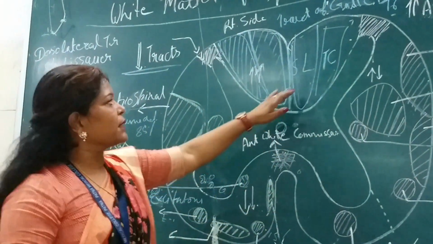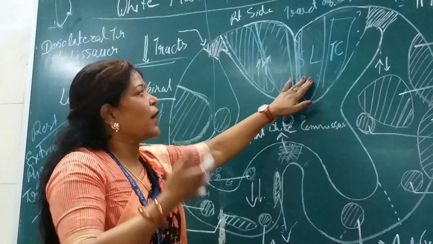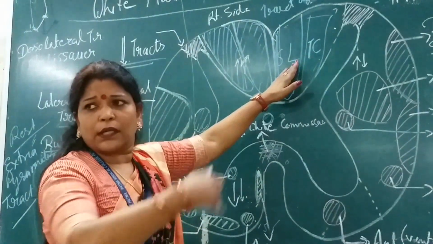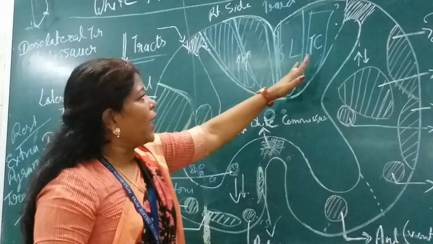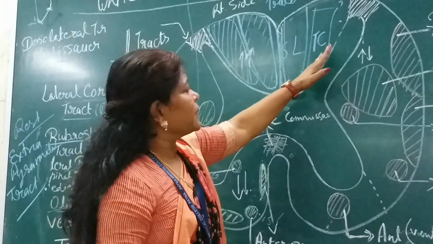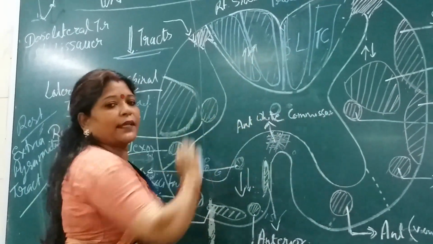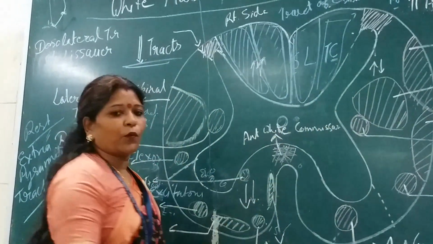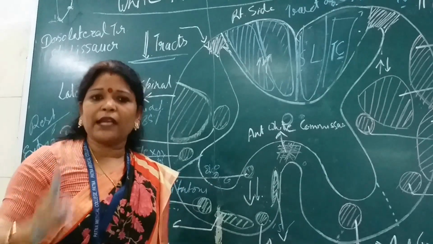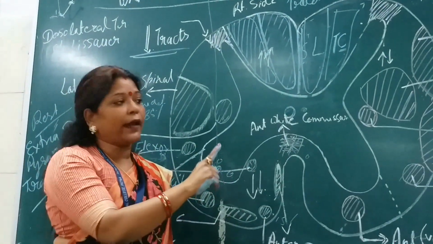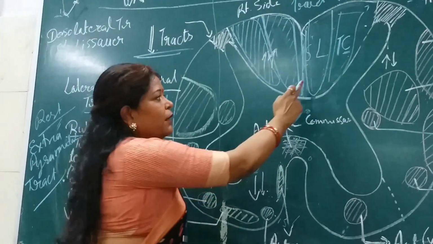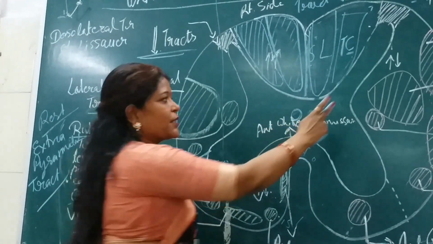That means the fasciculus gracilis is carrying the sensation upwards from the sacral and lumbar regions, below the T6 level, and the fasciculus cuneatus is conveying the sensation upwards from the thoracic and then the cervical. That means sacral is medial-most and cervical is lateral-most. There is no overlapping; it is not that thoracic is here and cervical is here. In a very disciplined pattern, that is the somatotopic arrangement, the fibers ascend upwards like this in the dorsal column, in the two tracts, the fasciculus gracilis and the fasciculus cuneatus.